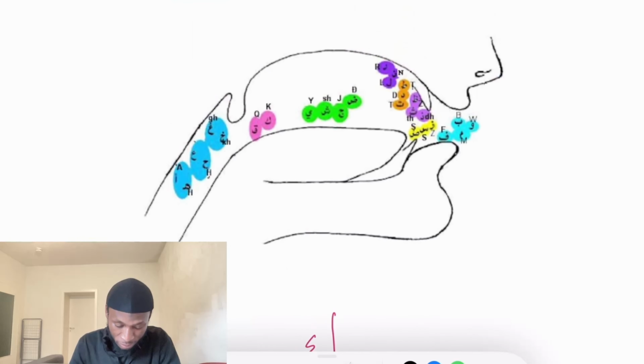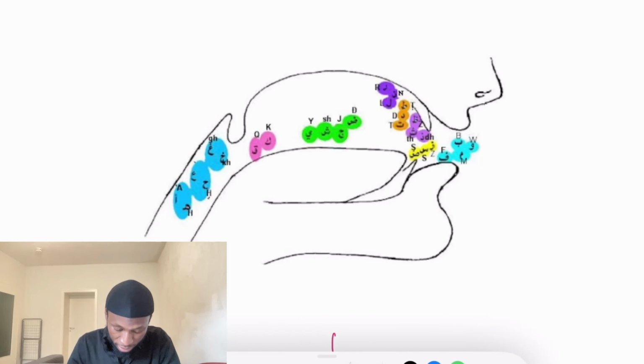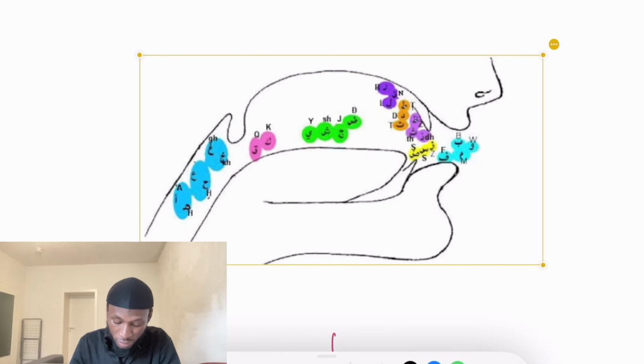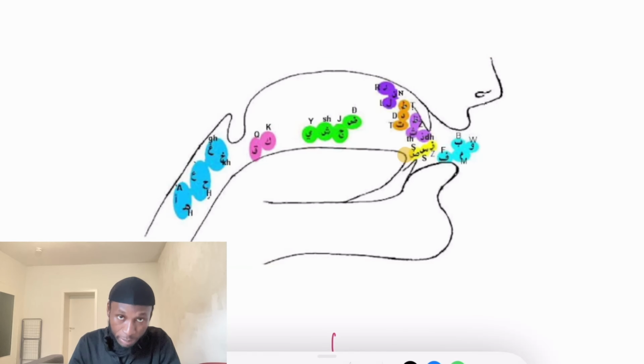So let's look at it. You use the tip of the tongue and you connect it near the gum of the upper incisors. Here you generate Ra. You see it here.